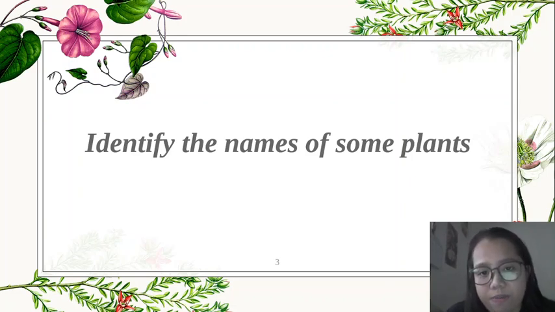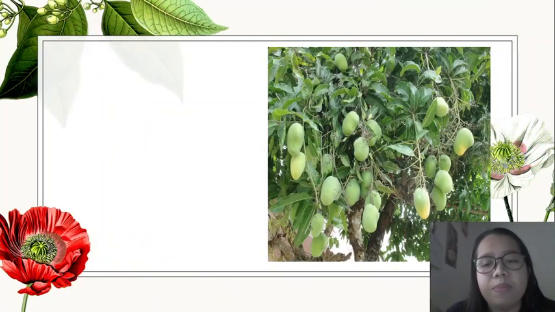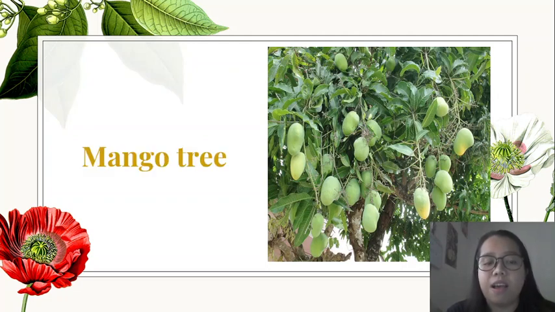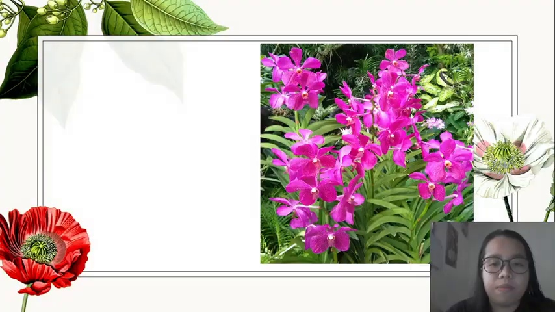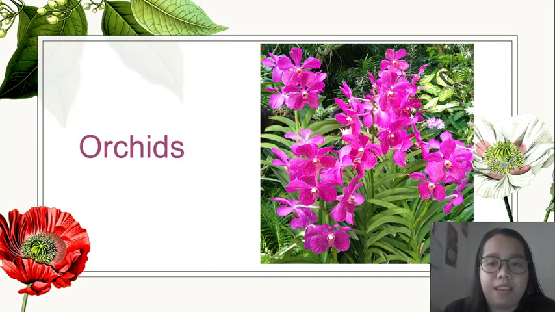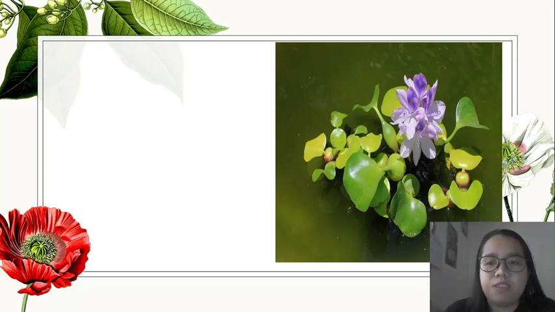So here we go. Can you please identify what kind of plant this is? Anyone? Yes, Mika. Yes, very good. This is a mango tree. And the next one, how about this? Very good. This is orchids. And the next one.